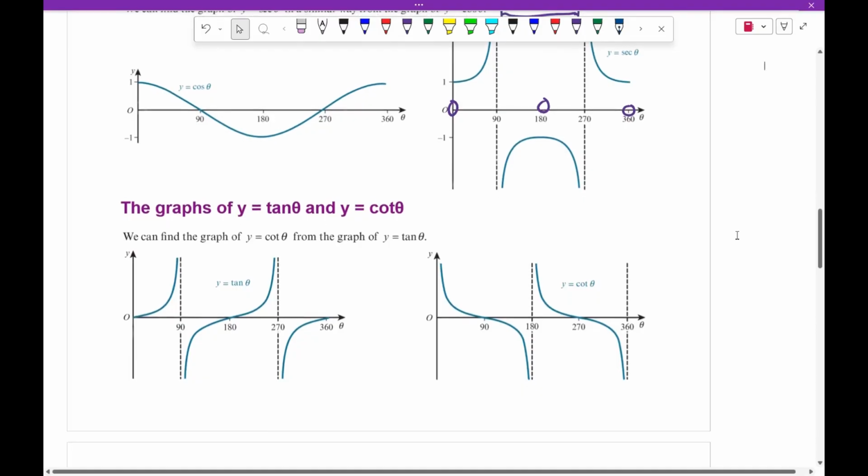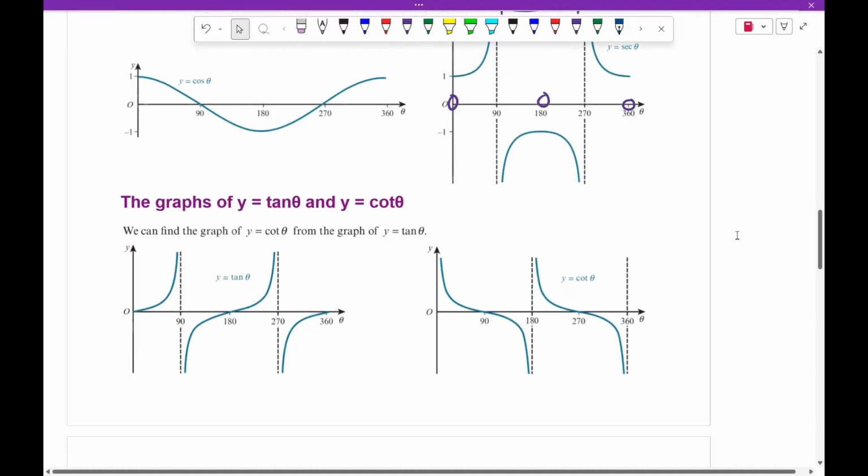Okay, so similarly, 在我们的 tangent 的这个 reciprocal 里面 okay, now let's do a reverse thinking.